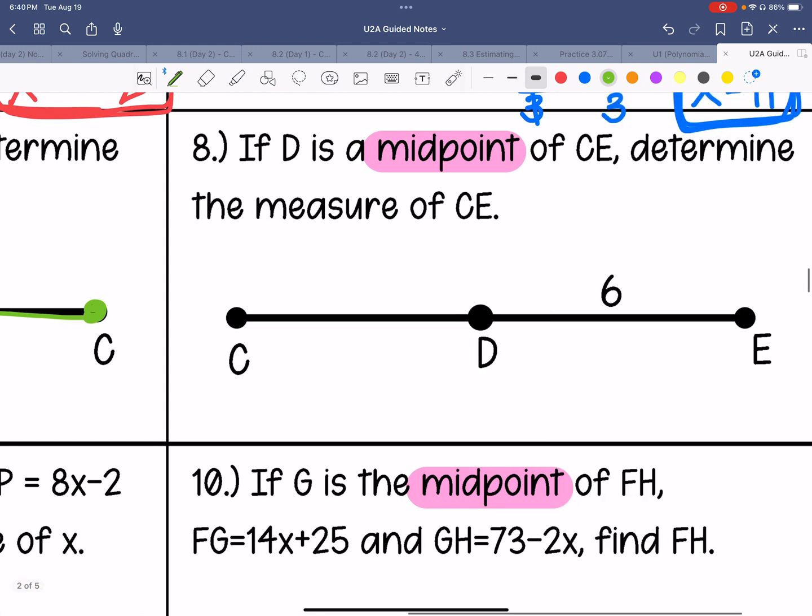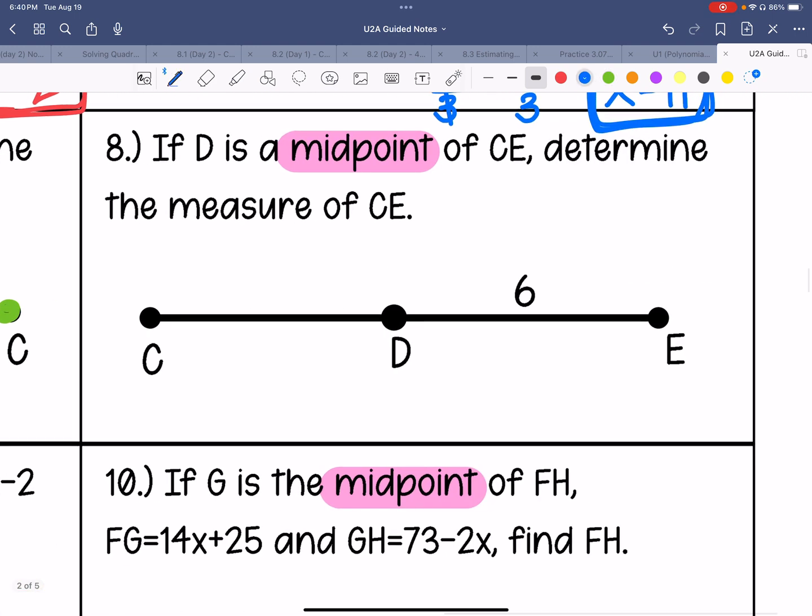In number 8, we're told, again, that D is the midpoint in this problem. So that is telling me that I have two equal parts on either side of this midpoint. Now notice, this problem, I want to know what is the measure of CE.